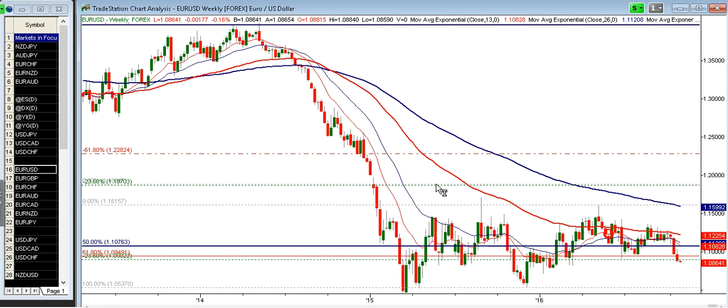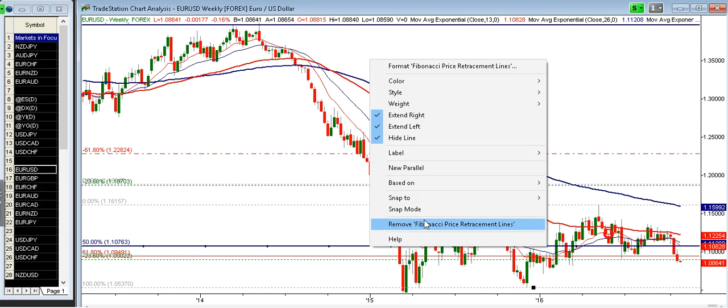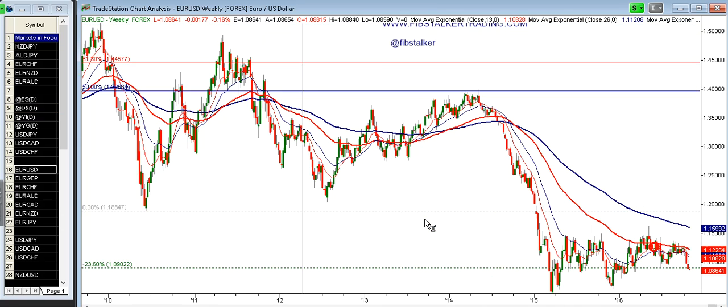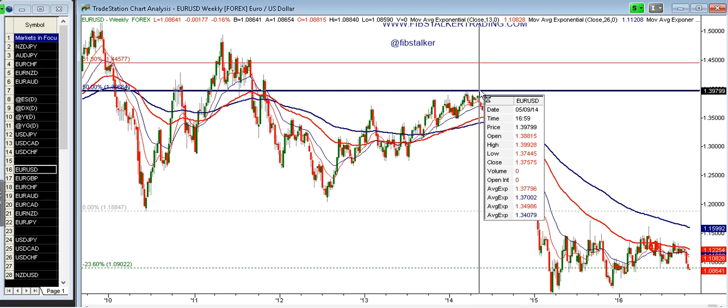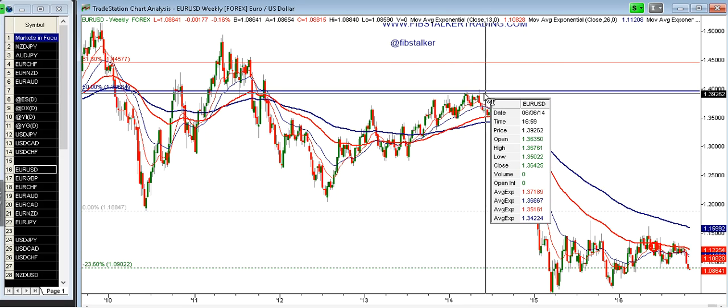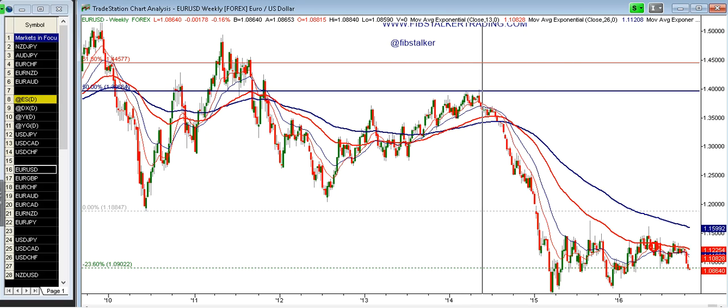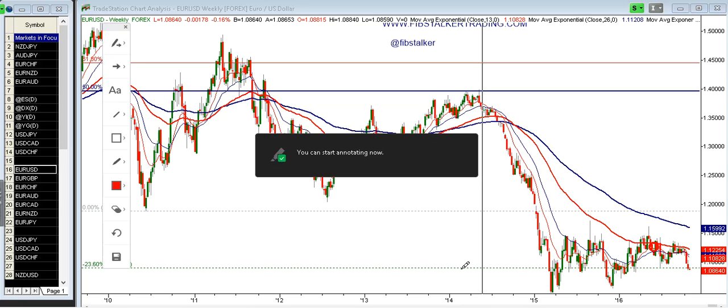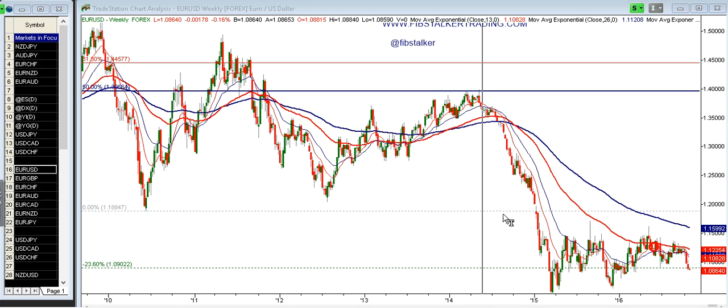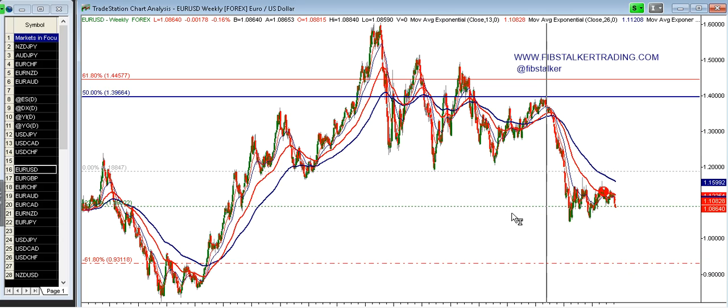As you know, the euro is in a move lower here, and the first target of the large move that started back in 2014 at 139.60 has been reached. This market now has the potential to continue lower towards parity.